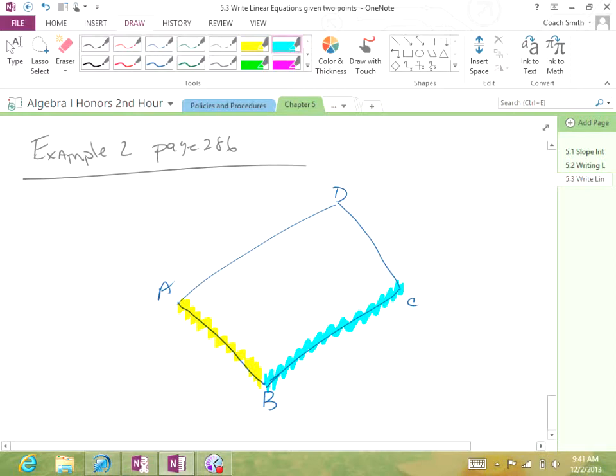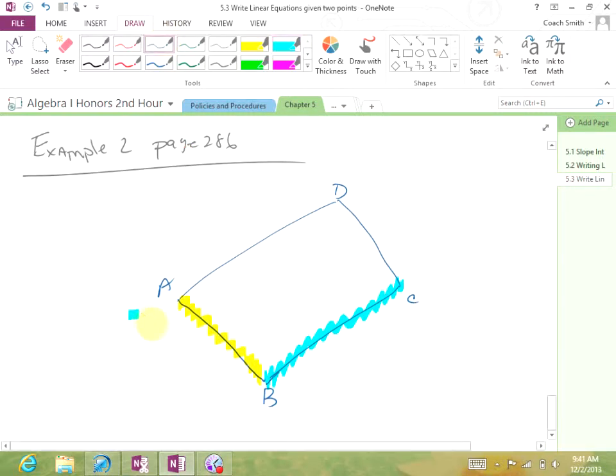Now, to do that, you do what we've been doing. The point at A is negative 6 and 1. The point at B is negative 4, negative 3. And the point at C is 2 and 0. So you've got to do two separate lines.